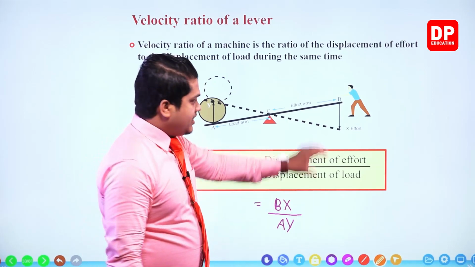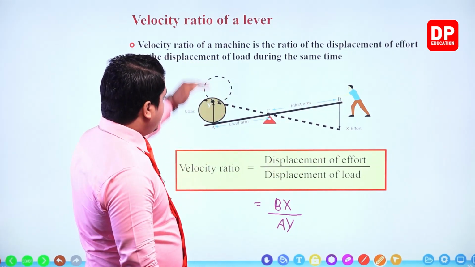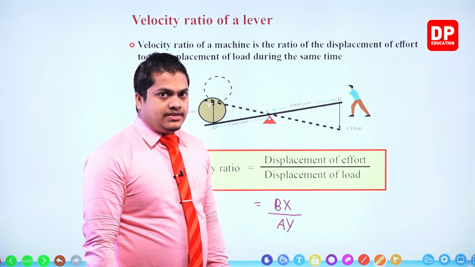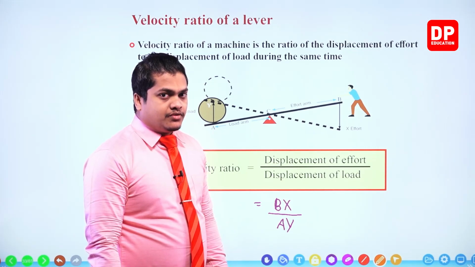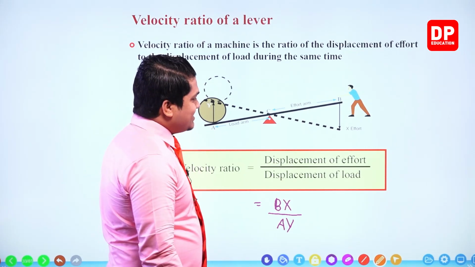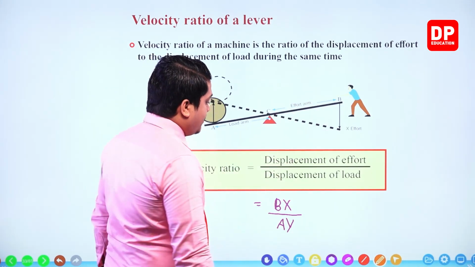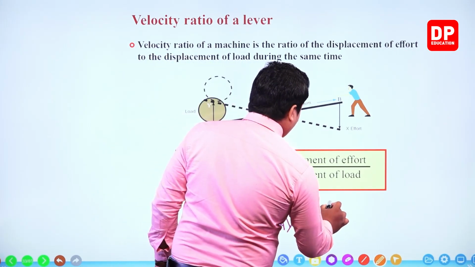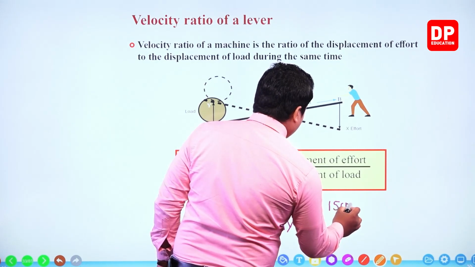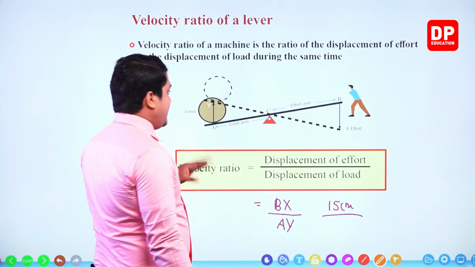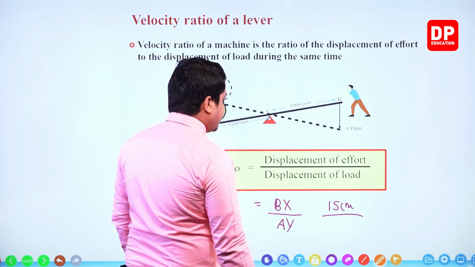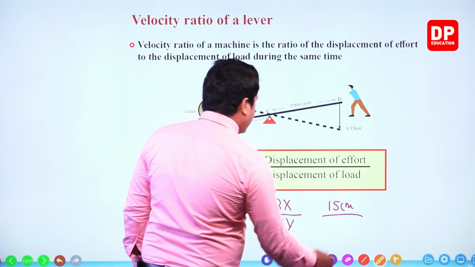As it is a ratio, my dear children, now let's imagine that Bx is equal to 15 centimeters, and Ay is equal to, let's say, 5 centimeters.